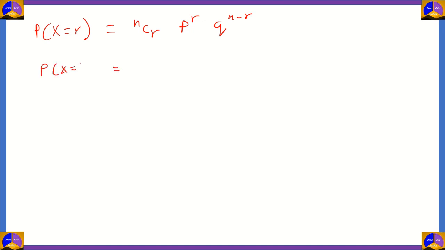So for x equals 1, it will be 8C1 times half raised to 1 and half raised to 8 minus 1. So 8C1 is 8, and half raised to 1 times half raised to 7 equals half raised to 8.